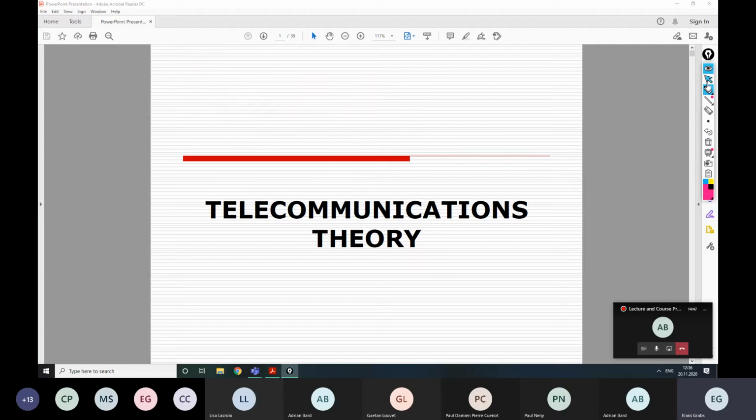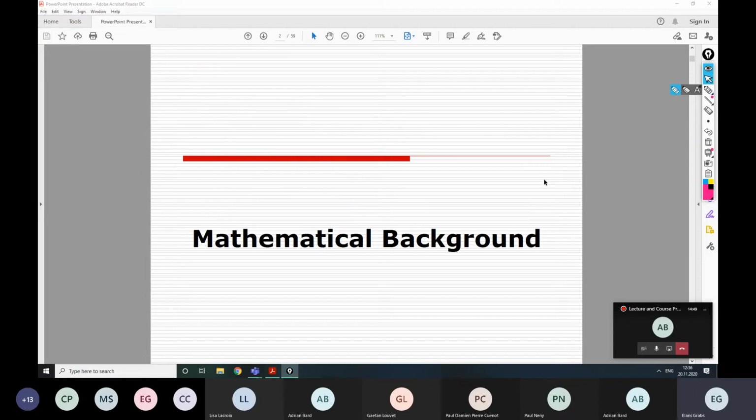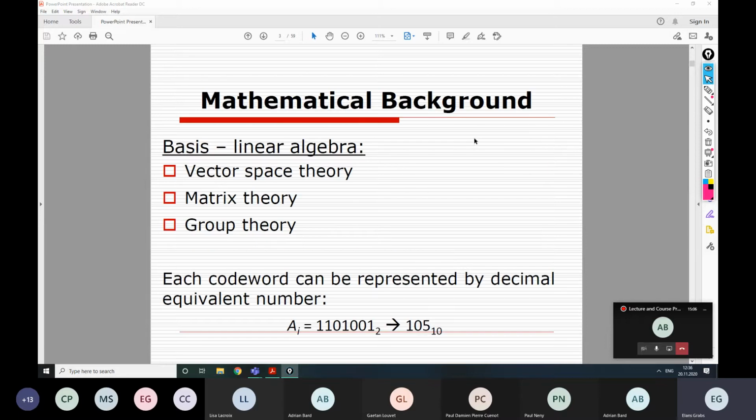We won't get very deep, but we still need to define some terms if we want to operate with the group code. First of all, we need to know what exactly this term group means in this context. So for error correction coding, basically we are working with linear algebra.